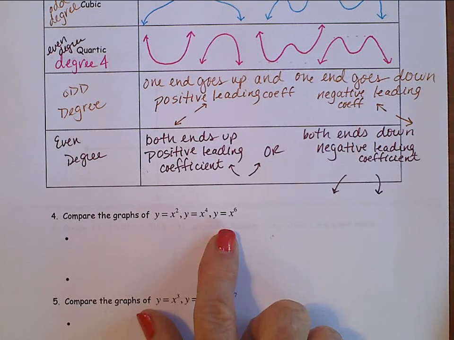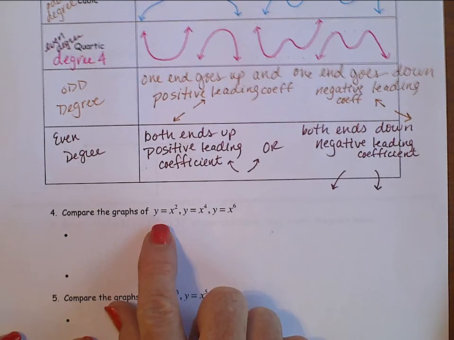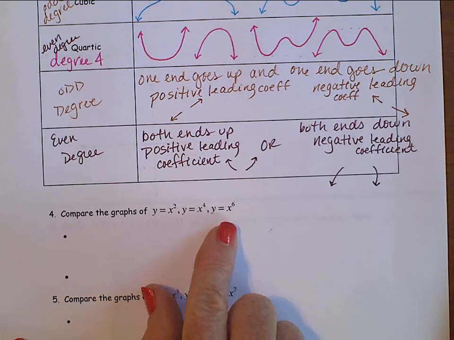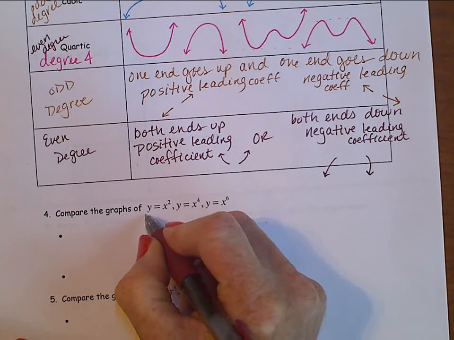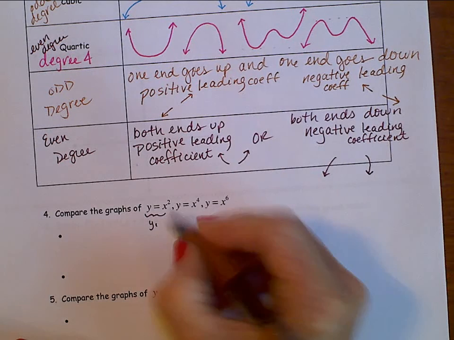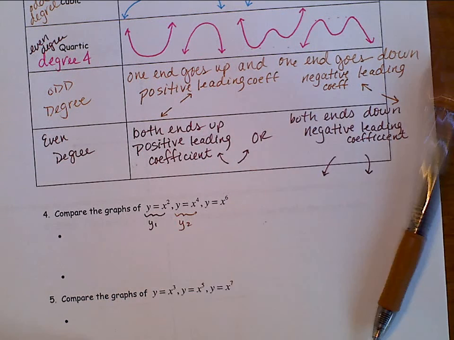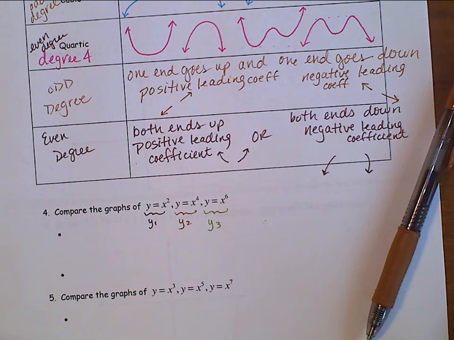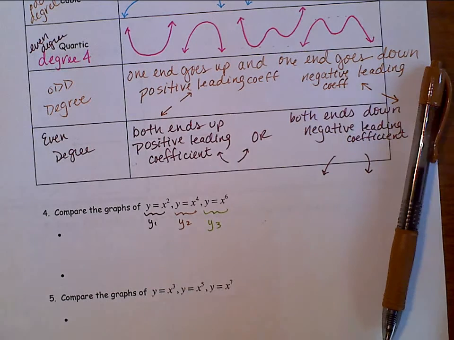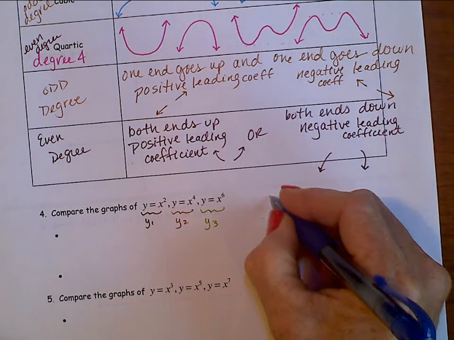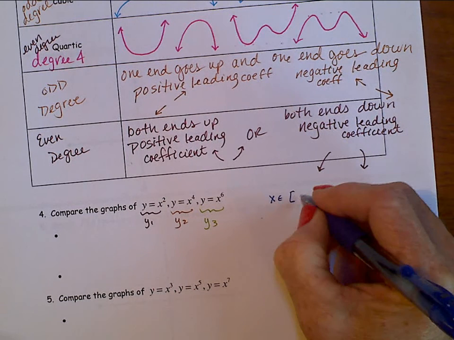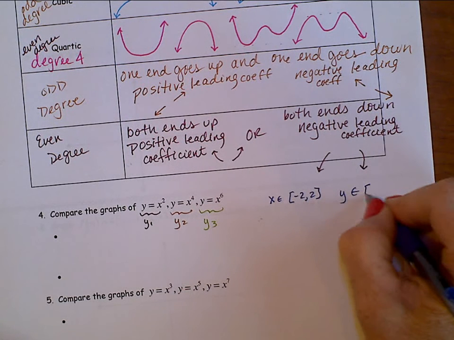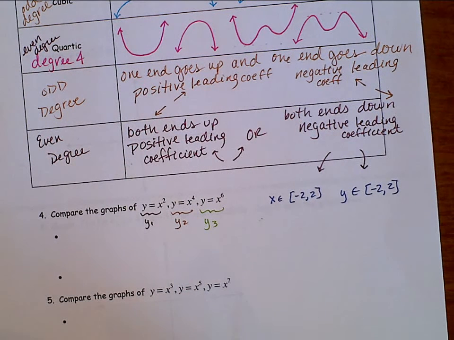I do not have a calculator with me right now, but if you go ahead and compare the graphs of y equals x squared, y equals x to the fourth, and y equals x to the sixth, put this one in as y1, y2, y3, and let's look at them on a pretty small viewing window, in that let's let your x's be between, say, -2 and 2, and the y's also between -2 and 2.